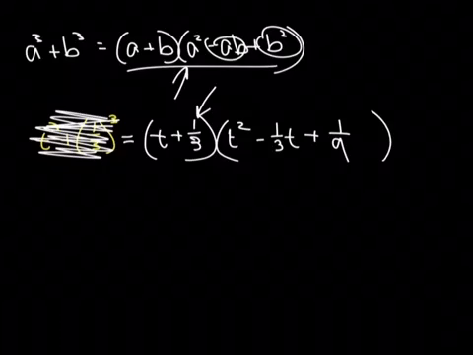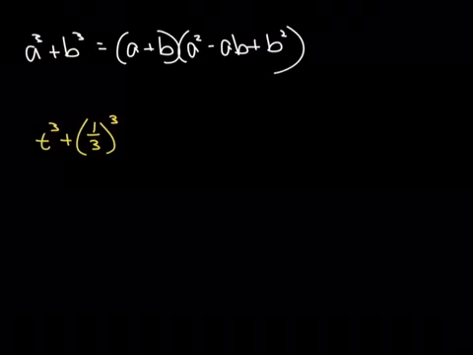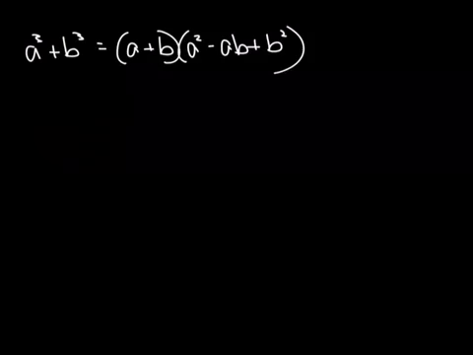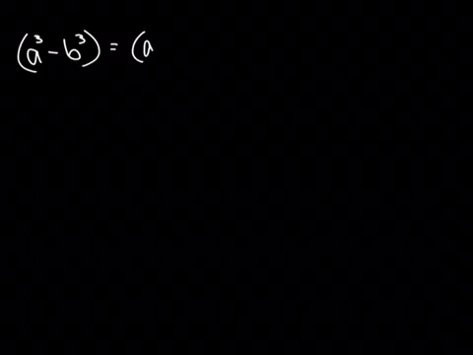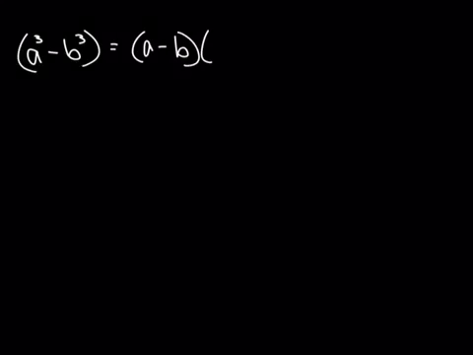So let's look at some that have a cubed minus b cubed. And the process is still the exact same. There's just a slight difference in how the formula is written. So that equals, and before this was a plus b, now it's a minus b.